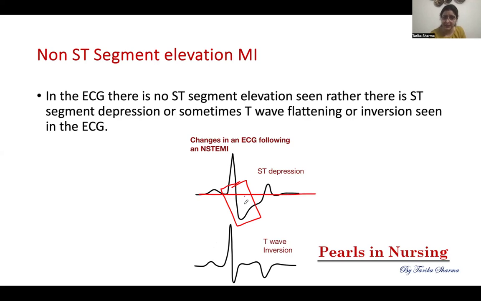This segment is dropped down. If it is down, it means a person is having the ST depression. And here you can observe that the person also has the T wave inversion. The T wave is normally an upright, positive wave, but here it is depressed down. It is a negative wave. So it means a person is having the non-ST segment elevation myocardial infarction, which is not that severe, but definitely it is also not a lesser thing, right? We should not be taking it lightly.